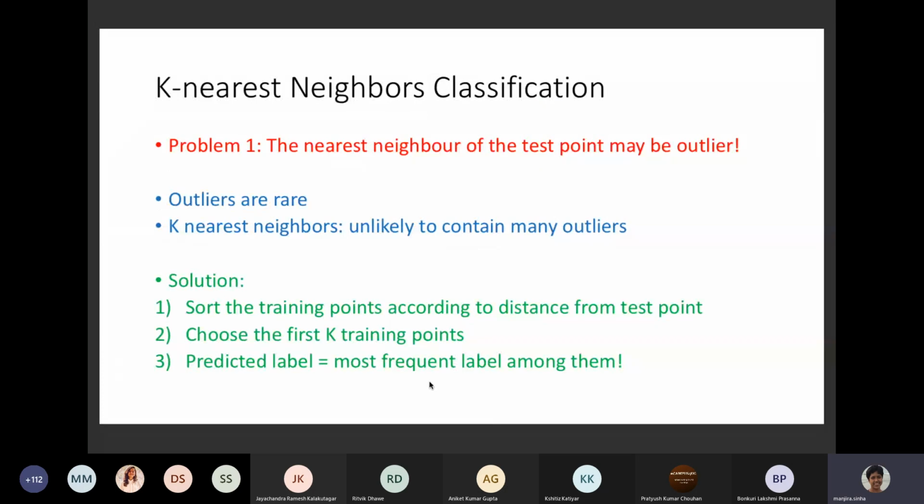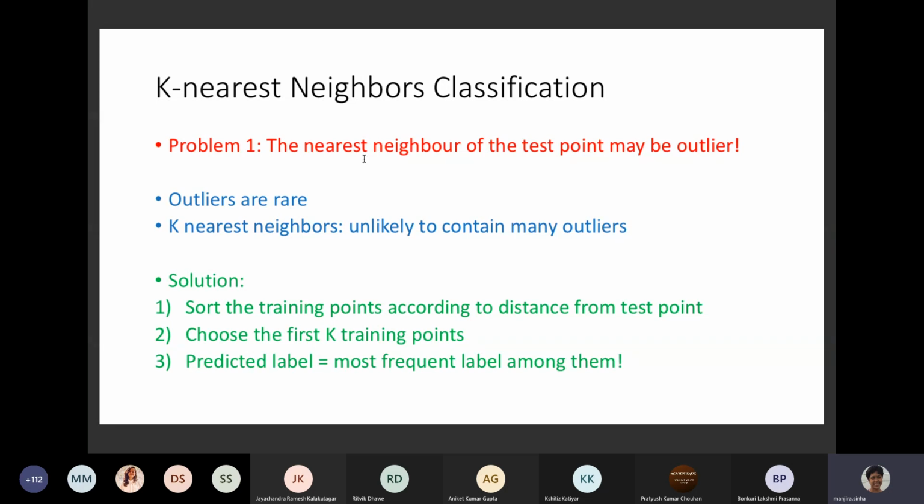So how do we alleviate the problem that the nearest neighbor of the test point may be an outlier? There are two things. First of all, outliers are rare. That is why they are called outliers, because they do not follow the regular trend in the dataset.